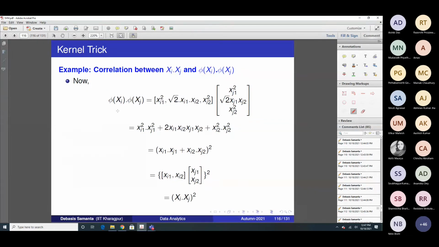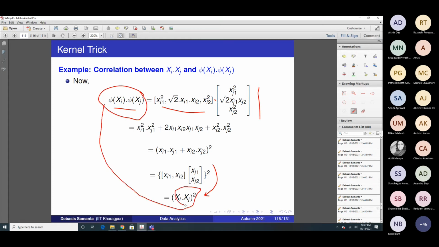As you know, for two matrices we have to take the matrix product, and if you do the matrix product, finally you can obtain the ultimate result, xi dot xj square. Now here you can see how the two things are equivalent to each other.